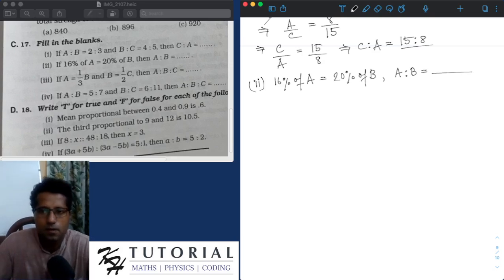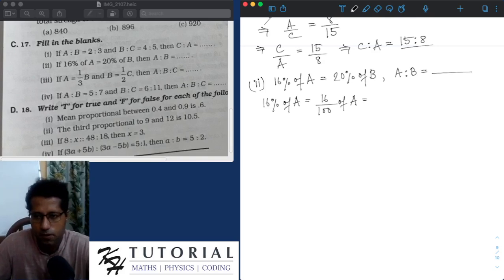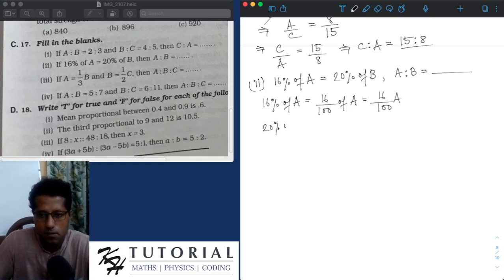Now 16% of A is nothing but 16 by 100 of A. Now the of operator means multiplication, so this is 16 by 100 into A, and 20% of B equals 20 by 100 of B. This is 20 by 100 into B.